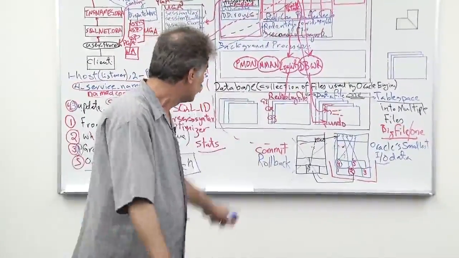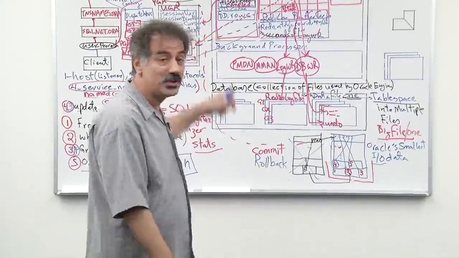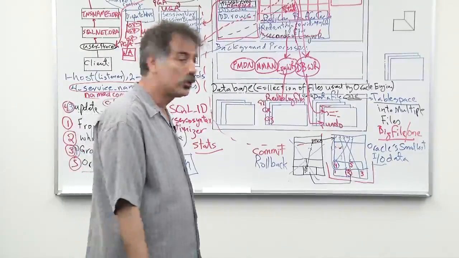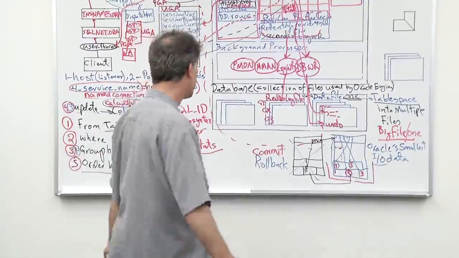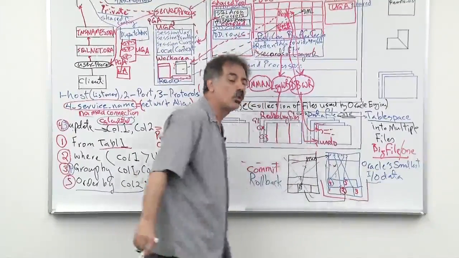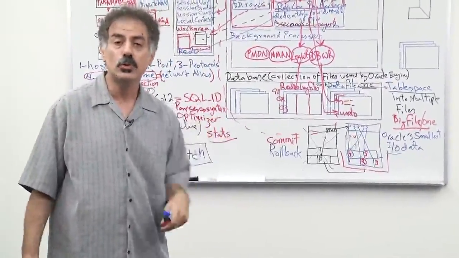Now, if I lose any of that redo, if any of them are damaged, and my instance crashes, then the user data is gone. I don't want that ever to happen. Therefore, we multiplex the redo groups. So we keep multiple copies of the file in each group.